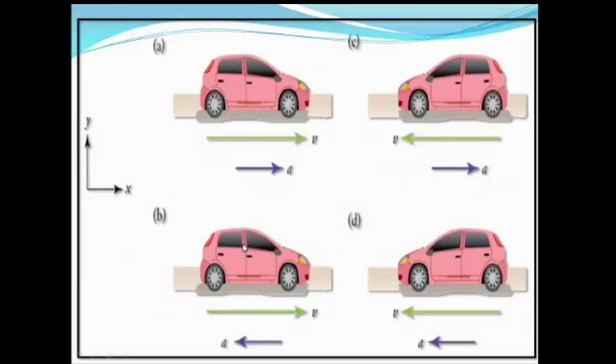In the next picture you can also see the forces on it with different diagrams. This is the diagram for A, which has the forward force.